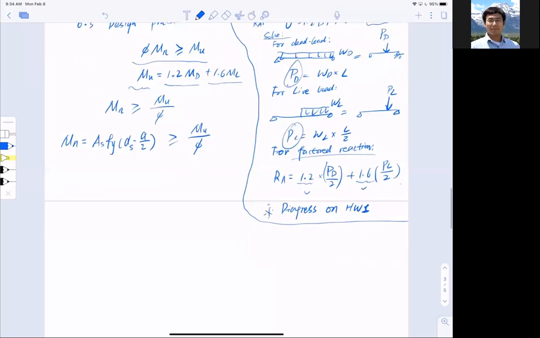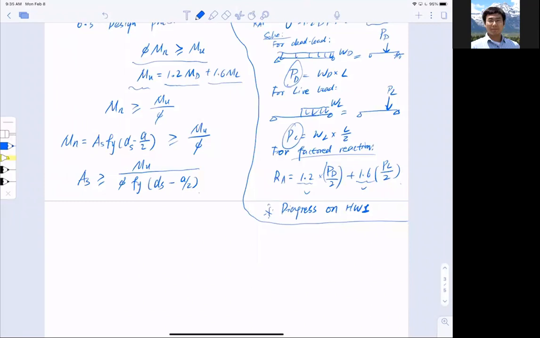So I move forward and say AS then has to be greater or equal than Mu divided by phi Fy times ds minus half a.